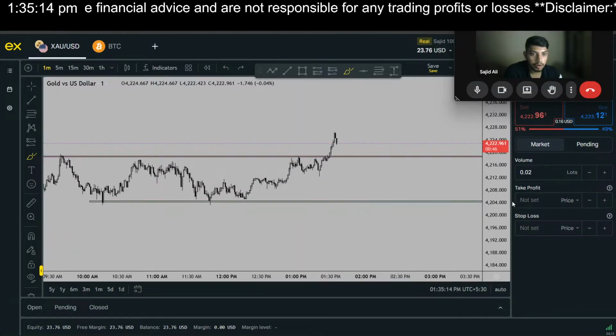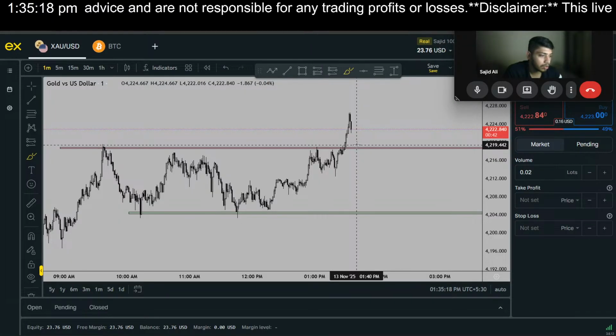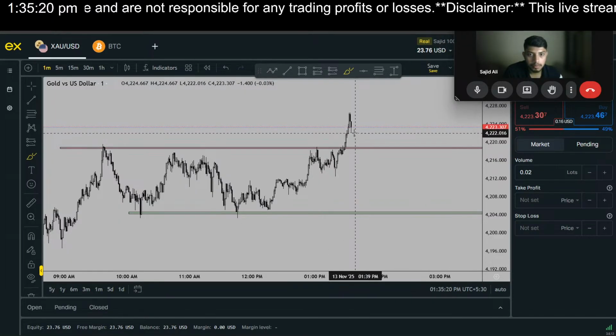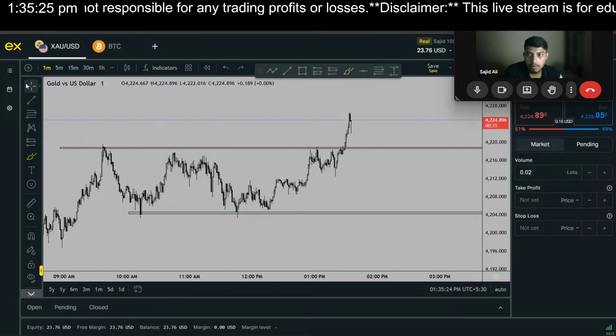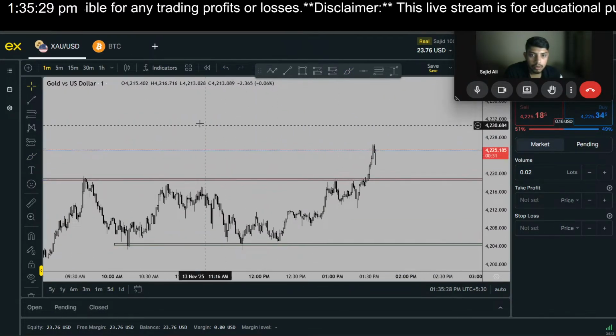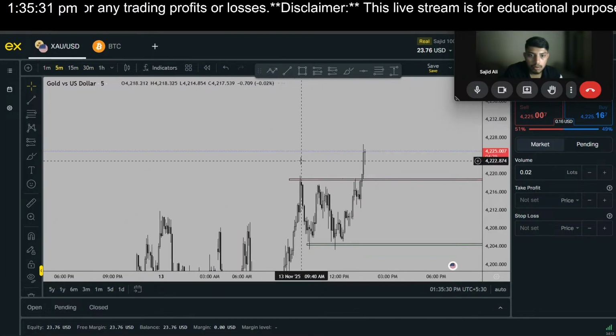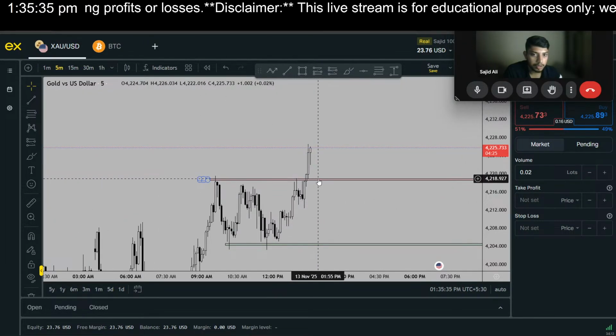Selling here is not a good idea. I think we have to go for buying only. Let it come. We'll go for a buy side trade. Or if it retests this level again, we can again go for a buy side trade.